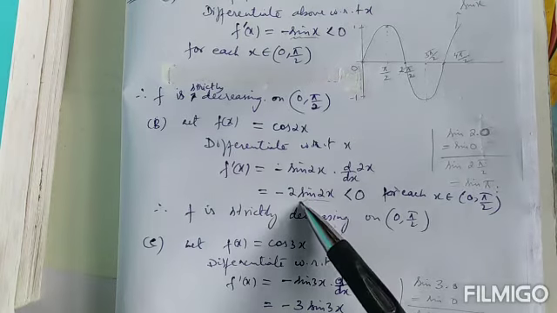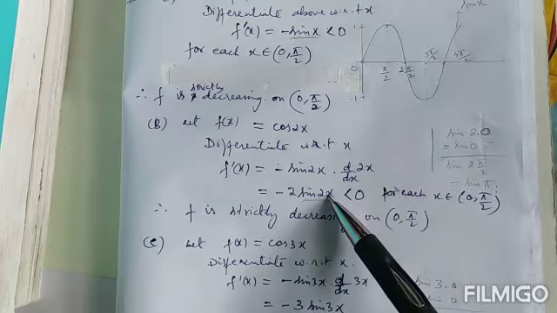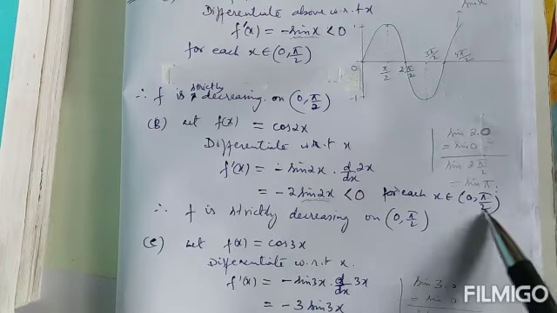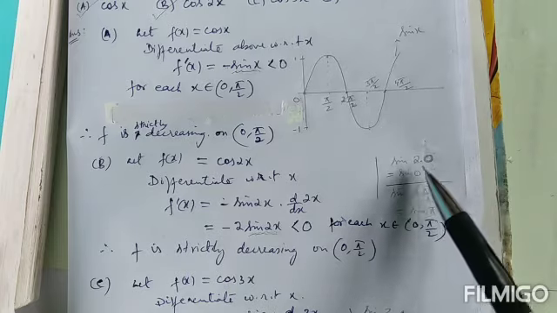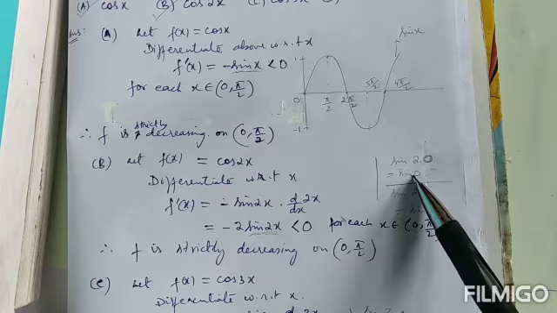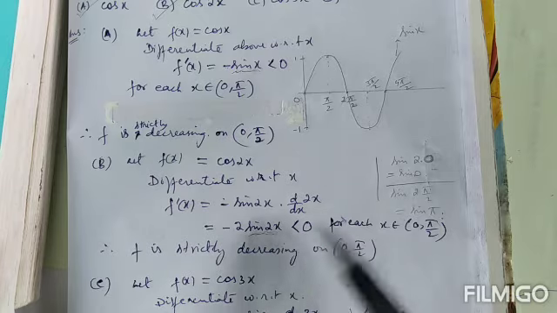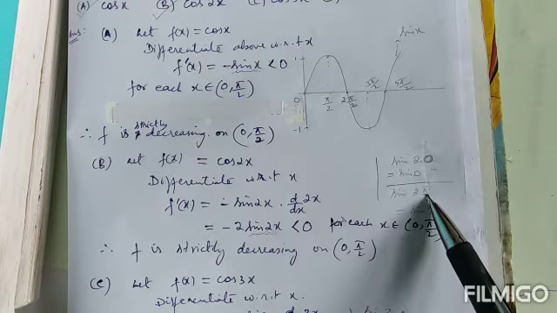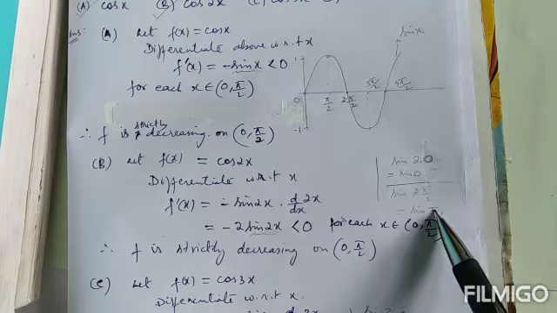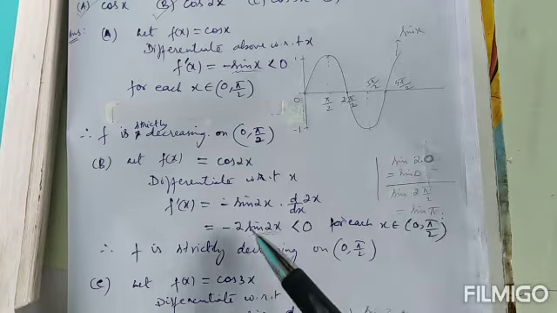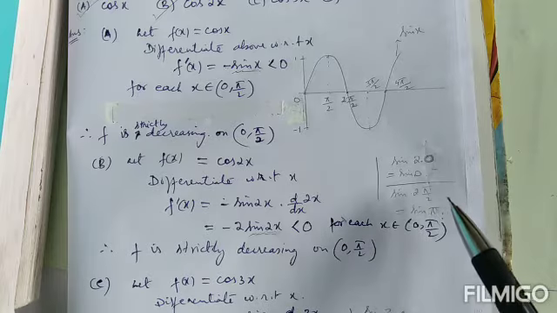So first I'll check sine of 2x. What is our x in this case? Our x in this case is 0 to 90 degree. So when I put 0 into sine of 2x, it will give you sine 0. Then when I put x as pi by 2, 2 pi by 2 will give you pi, sine of pi. That means now our value for sine 2x is from sine 0 to sine pi.